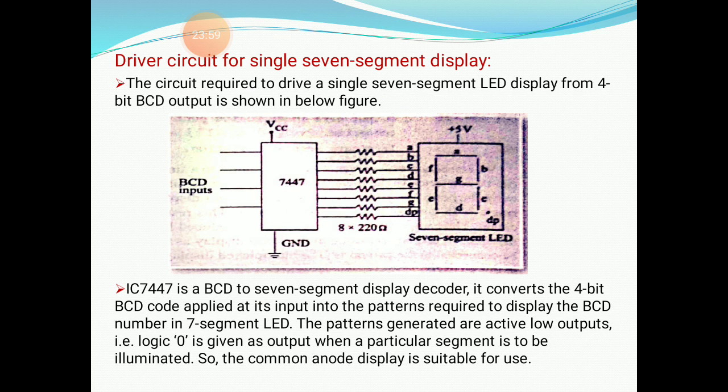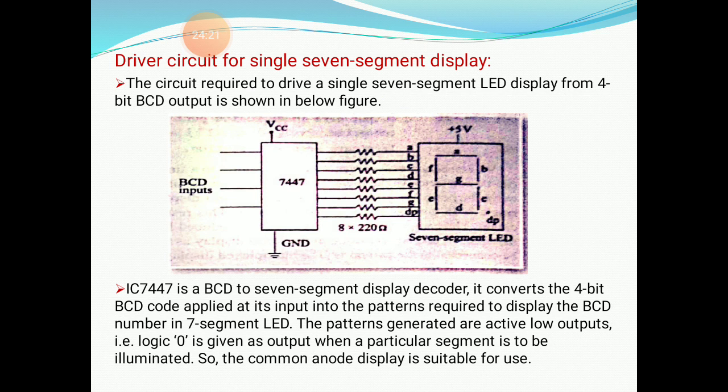Now let us see the driver circuit for a single 7 segment display device. To drive the 7 segment display device, a driver circuit called IC 7447 is required. This IC 7447 is a BCD to 7 segment display decoder.